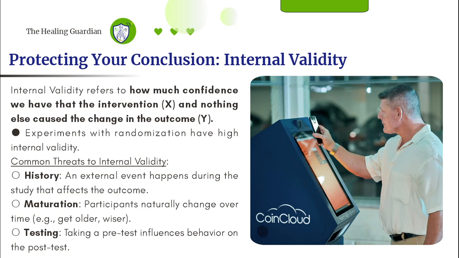There are mainly three common threats to internal validity in public health research. Number one is the history. Was there an external event that happened during your study that affected your outcome? Maybe the public health team organized a new dietary program and they are going to test that this new dietary program reduces blood pressure.